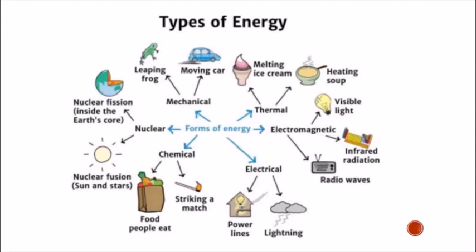So together we use all the different forms of energy, whether it is mechanical energy, chemical energy, sound energy, light energy, or heat energy, in some way or the other in our life.